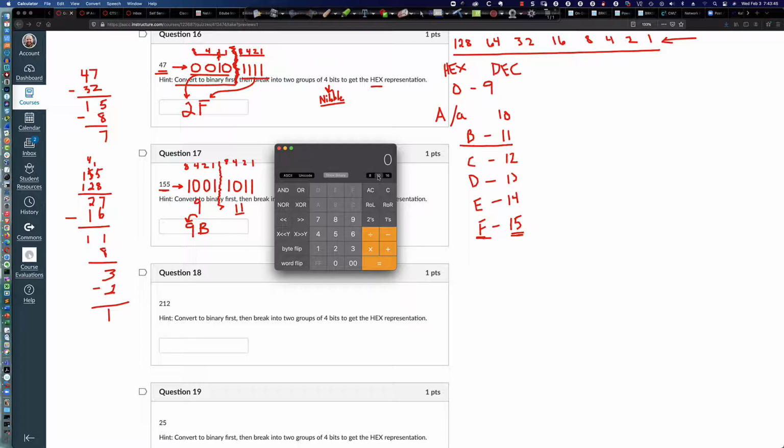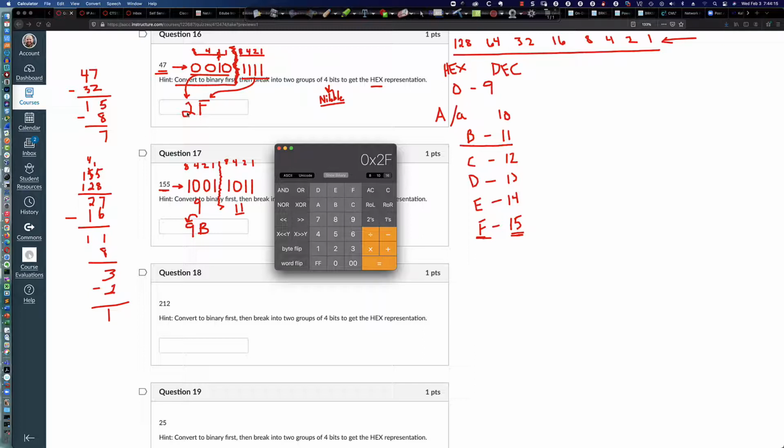To get the hexadecimal value in the programmer view, I simply enter the decimal value I'm interested in with base 10 highlighted. This first one was 47, and then I click on hexadecimal, base 16, and it converts immediately. I can see 0x 2F, and I'm going to talk about the 0x in a second. But then we get 2F.